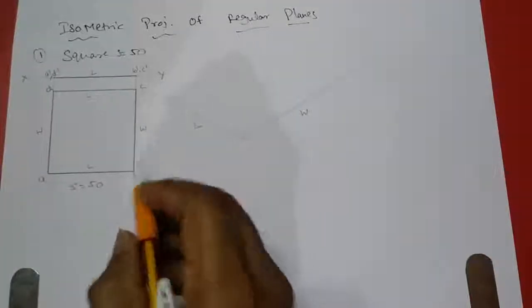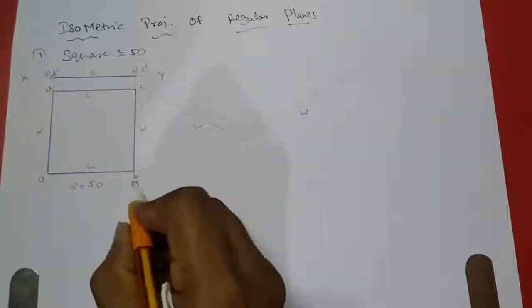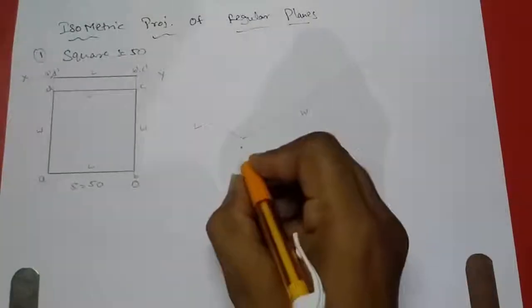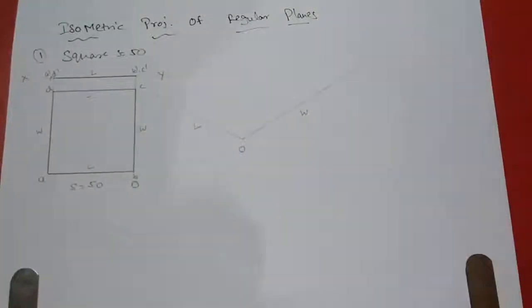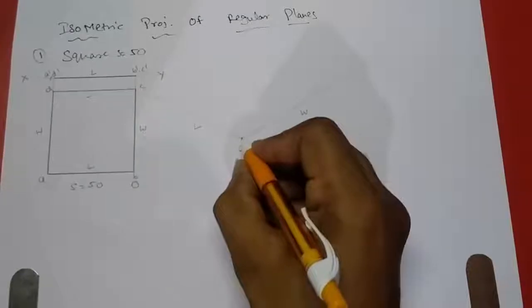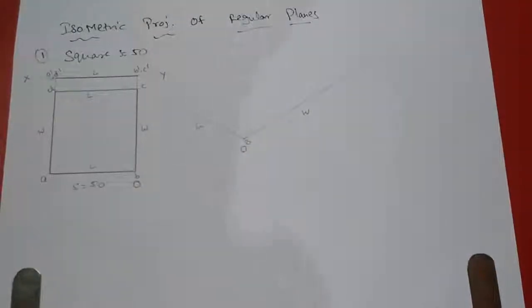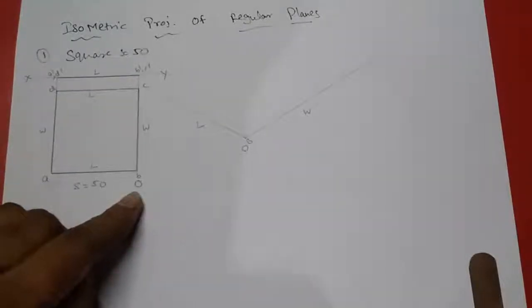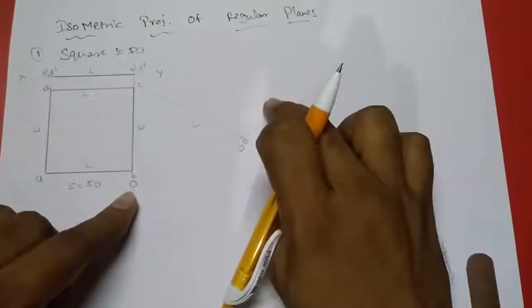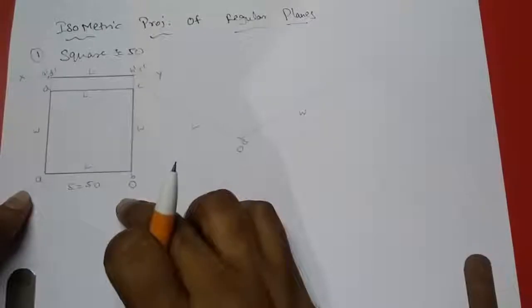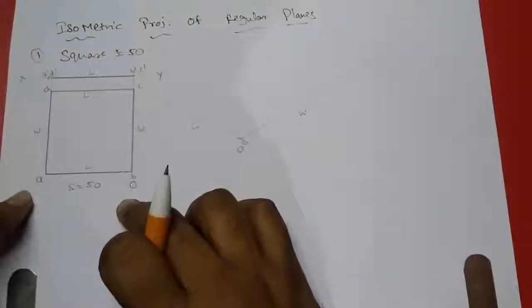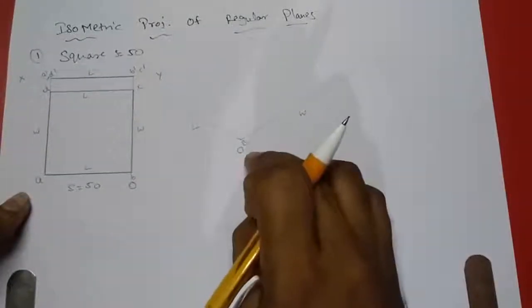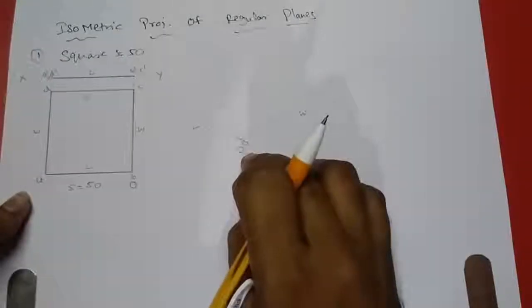I'll take B as the reference point O and place it over here. So this point is B. Why am I taking the capital letters here and the small letters here? This is the original figure and this is the projection. So always the projection should be represented with small letters and the original figure with capital letters.